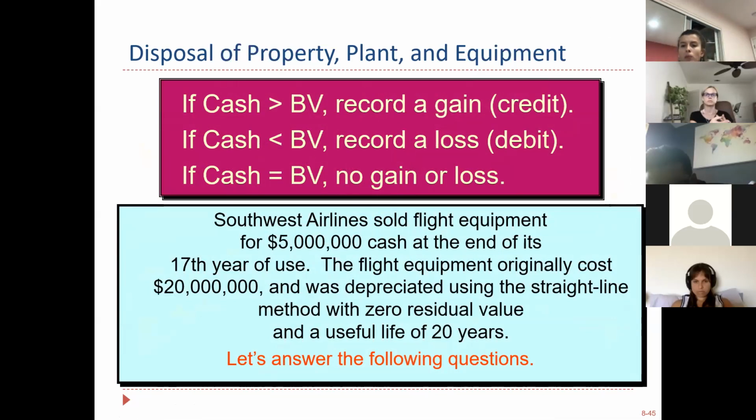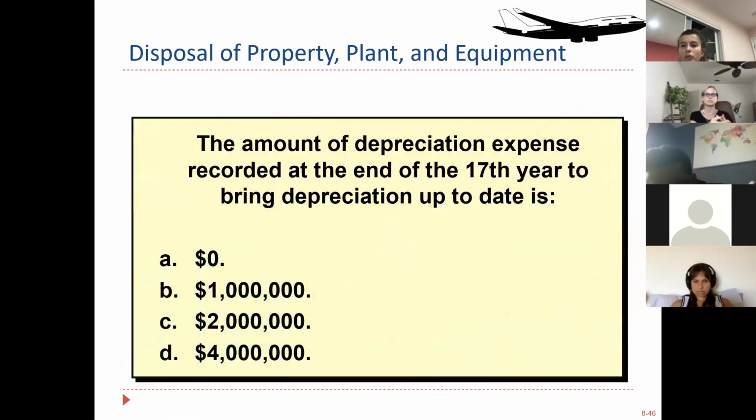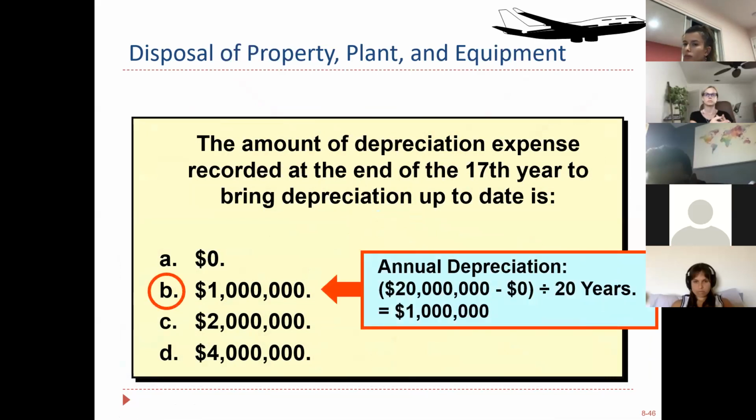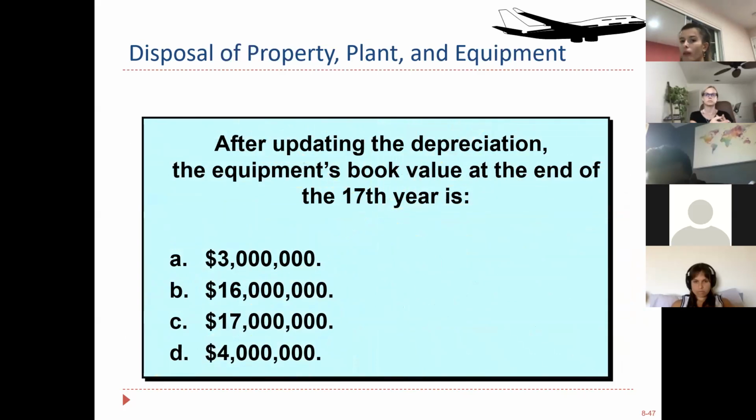They got cash for it. They sold for 5. Oh, they're just showing you the depreciation. I'm sorry. We know that already. We know that. There we go.